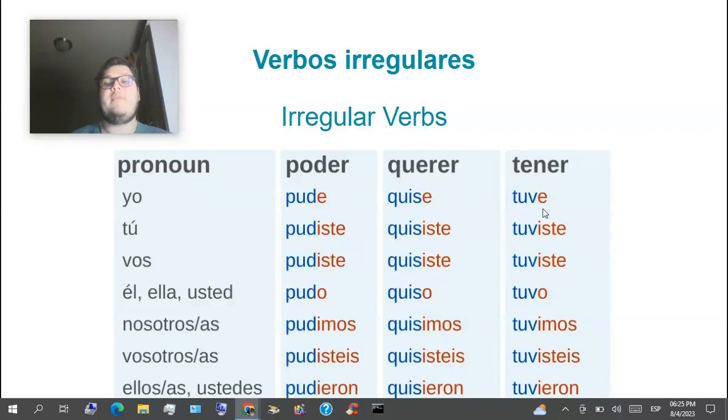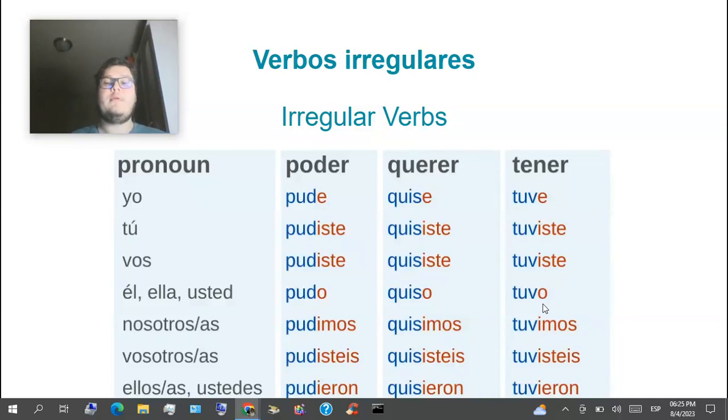But we have the ending, and in this case, you have to memorize it or practice with that because it is a rule. So in all cases, it's going to be the same. In the first person, we end the verb with the letter E. In the second person, iste, tuviste, with the O at the end of the verb in the third person singular.